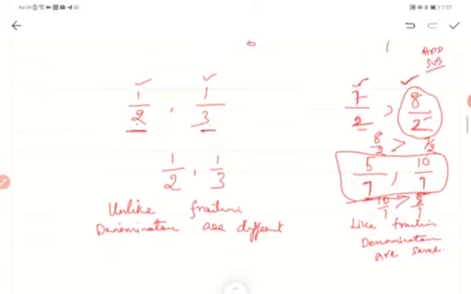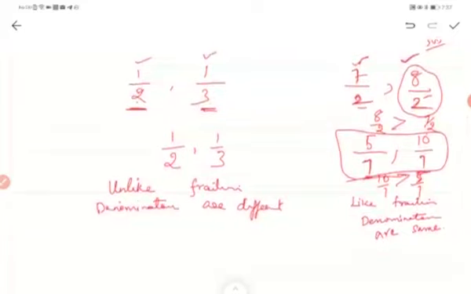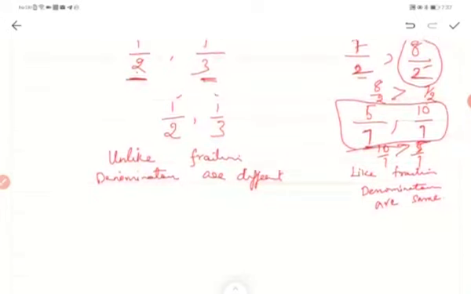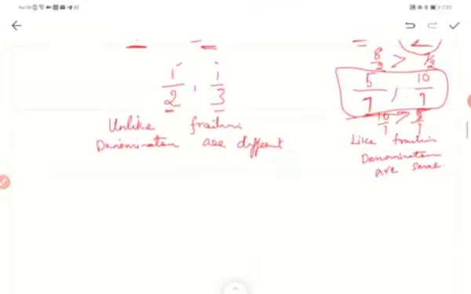Now, what if you have unlike fractions and you are asked to compare the two numbers? Is it easy to compare? No, you cannot say which fraction is big or which is small. So what you will do is first make your denominators equal. That is, you will convert unlike fractions into like fractions.